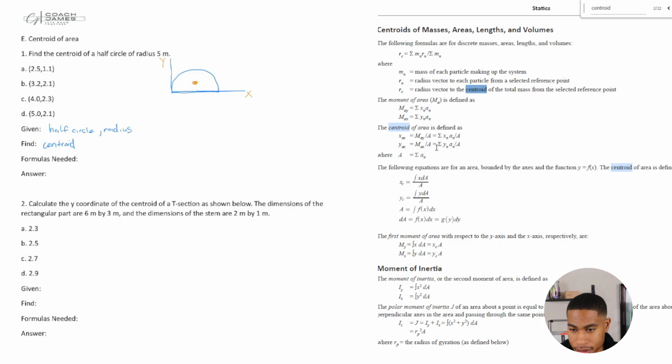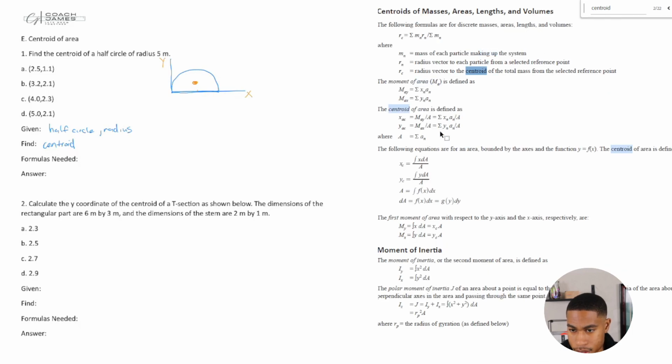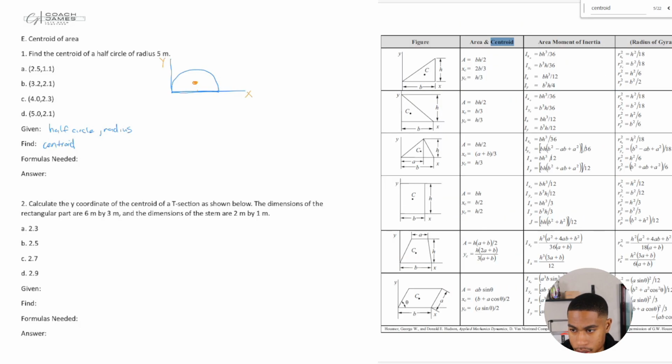This may make a little more sense later, but we're not going to use that for this particular problem.